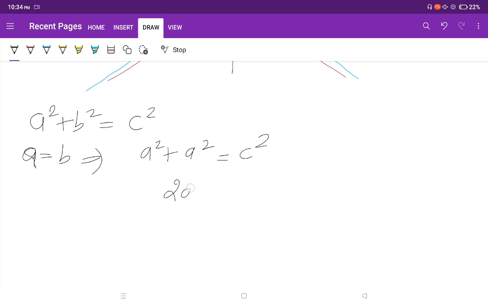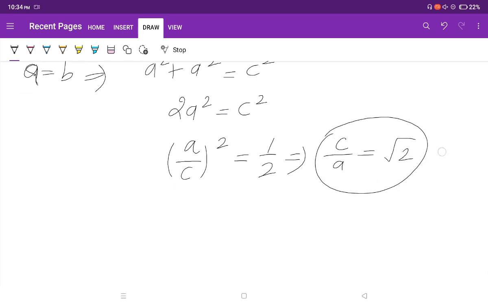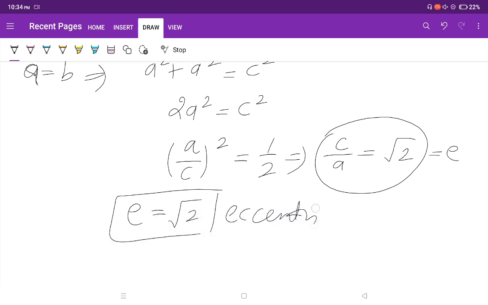So we have 2a square equals c square, that is a by c whole square is 1 by 2, which implies that c over a is equal to root 2, which is nothing but eccentricity. So the eccentricity of a rectangular hyperbola is root 2, right? And it is a constant value.